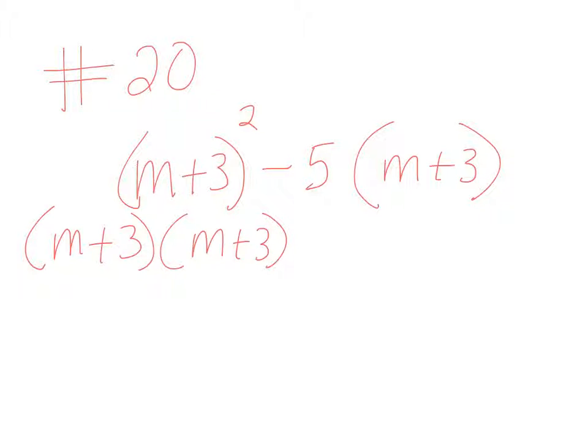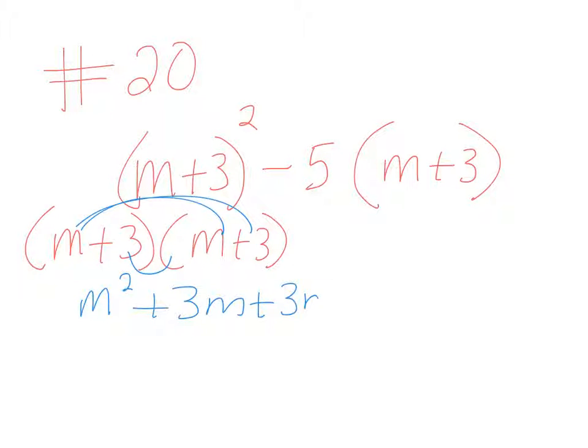And that would be using the FOIL method. M times m is m squared. Outside, 3m. Inside, plus 3m. And last, plus 9. With the negative 5, when you distribute, that's going to be negative 5m. And negative 5 times 3 is negative 15.